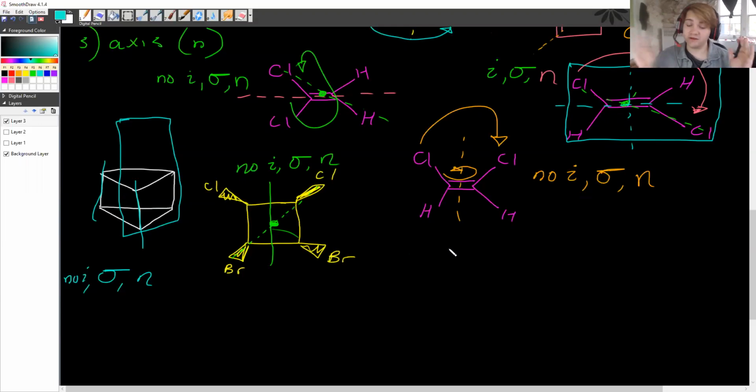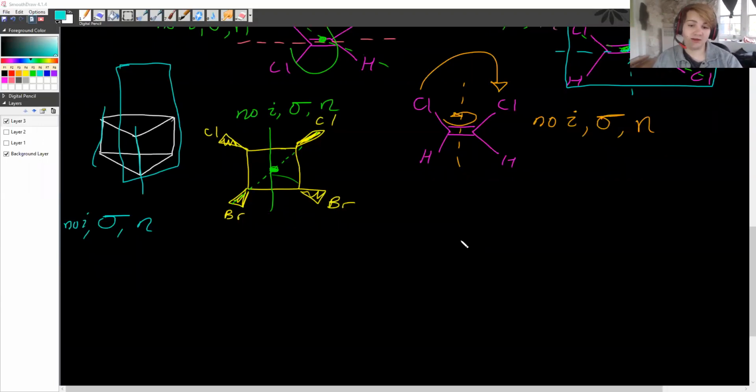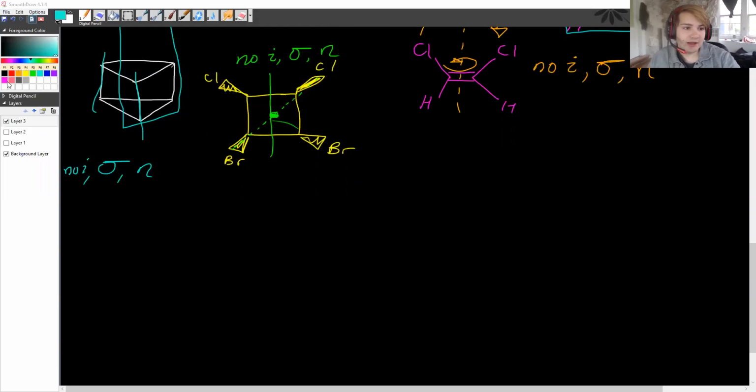Just how your brain works, different stuff like that. But if this was difficult, then you are going to struggle if you don't practice more. Last note about symmetry, and then I promise, for the love of God, we will stop talking about it.